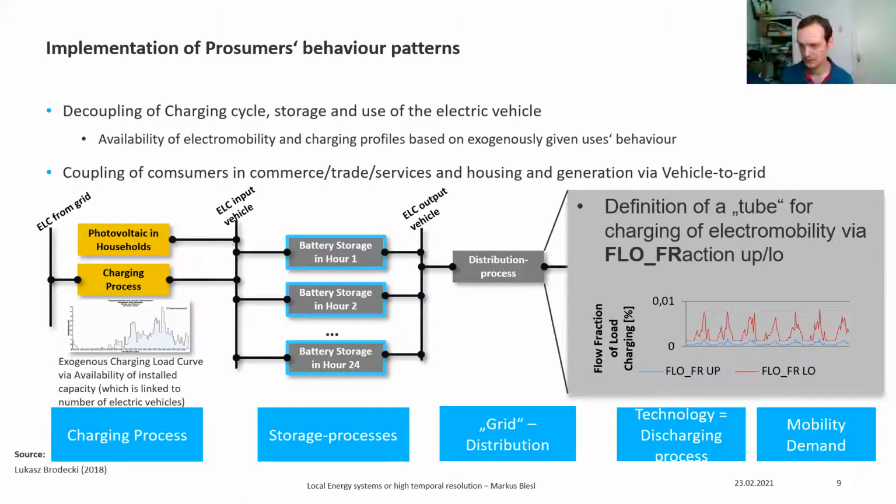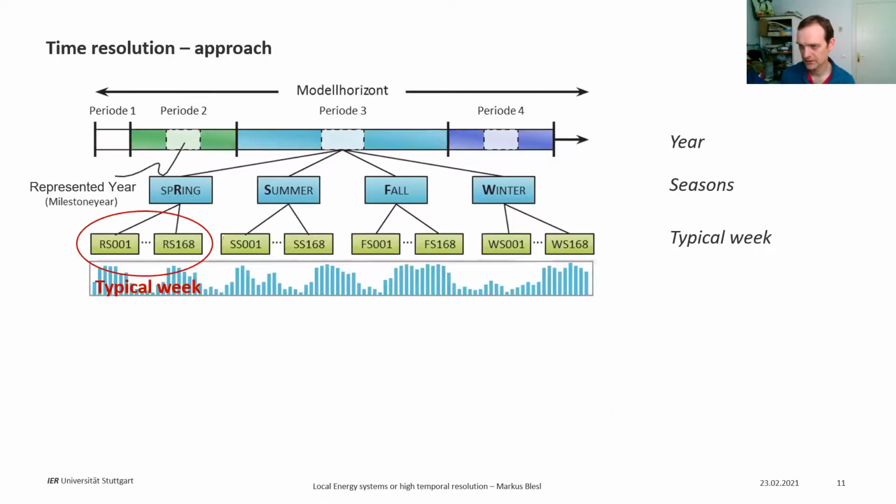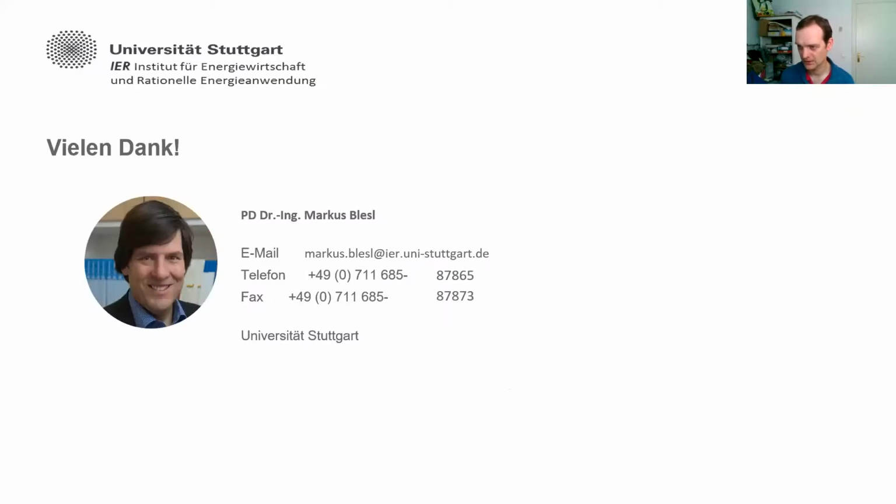Okay, thank you. And Manuel asks, is transport demand also given hourly in person kilometers? So the transport demand is also given hourly.